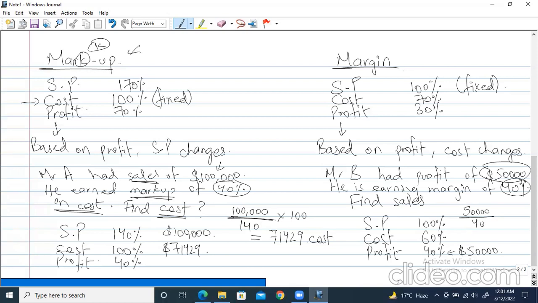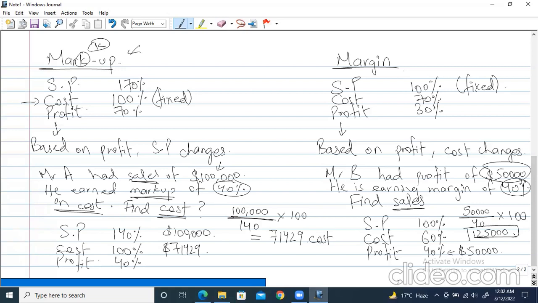So 50,000 is representing 40%, and we have to multiply it with the requirement that we're given. We have to find sales, so that means we have to jump to 100%. So 50,000 divided by 40 and multiplied by 100. This is 1,25,000. 125,000 is the correct figure for the sales, right?